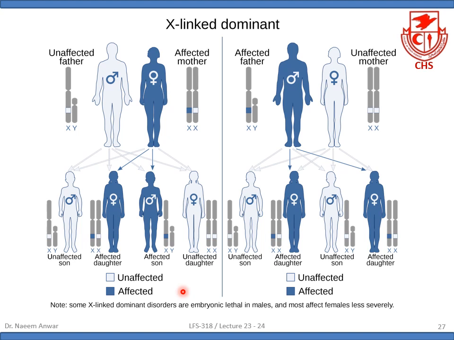So with this kind of disease, if the son is the one who is affected, you have to know that the mother is the one who carries this G6PD. It's not the father.